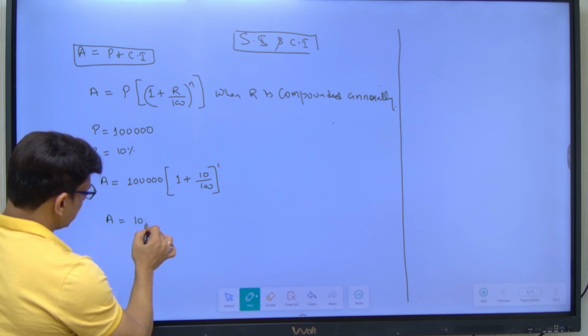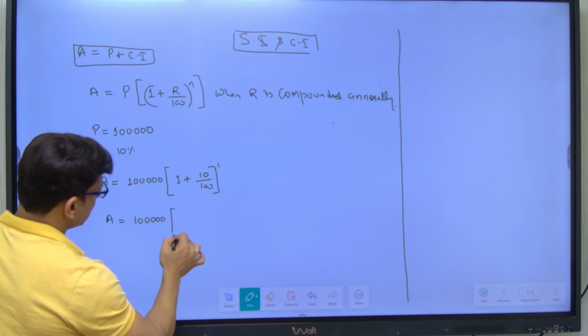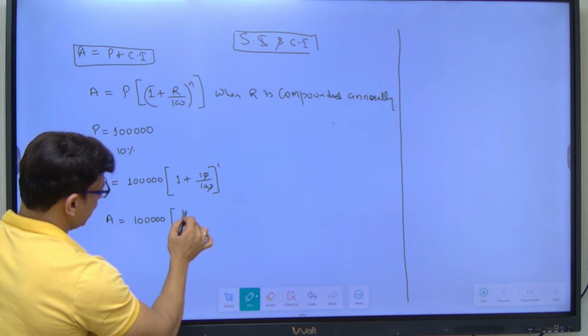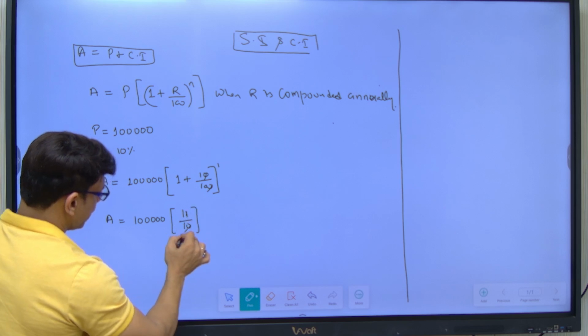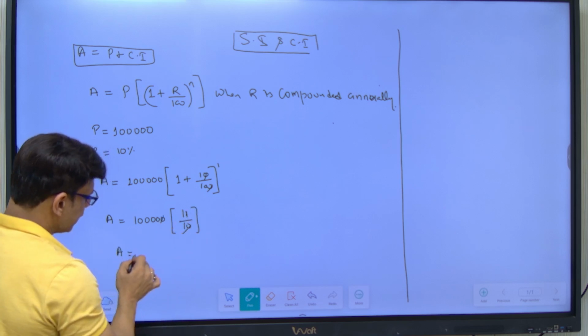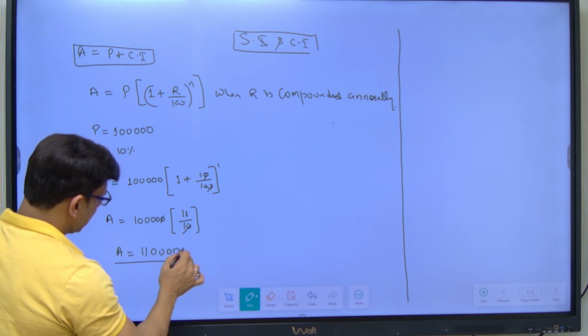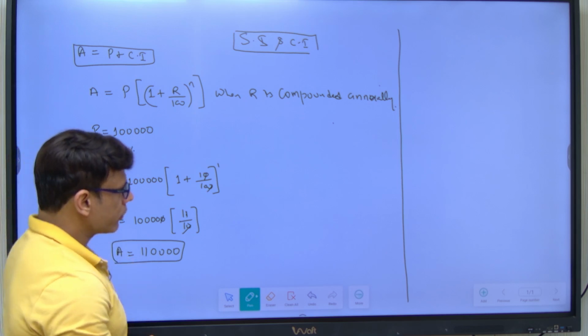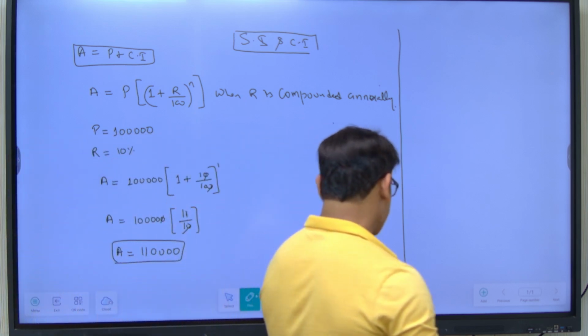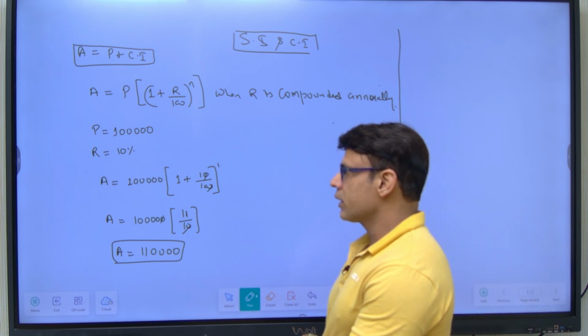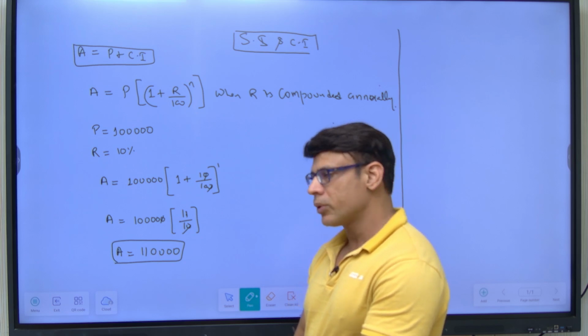So this becomes 1,00,000 into 11 by 10, and this will be equal to 1,10,000. So the amount you pay back to the bank after 1 year is 1,10,000, when the rate of interest is compounded annually.